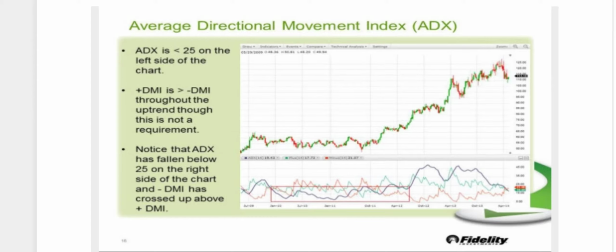But also on the right-hand side of the chart, where we see the ADX come back down below the 25, what do we also see happening? Well, we see the positive and negative DMIs, the green and red lines, converging also at that same time. That can also be another signal that, hello, something's happening.